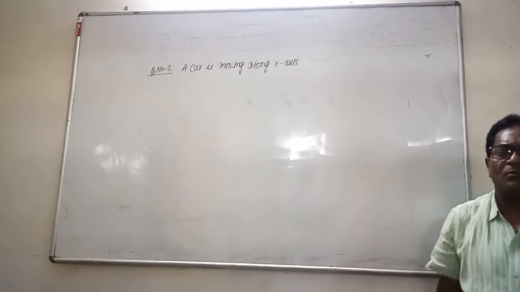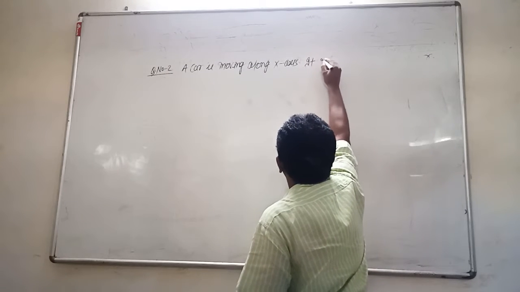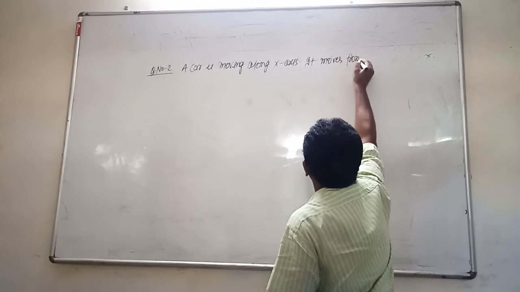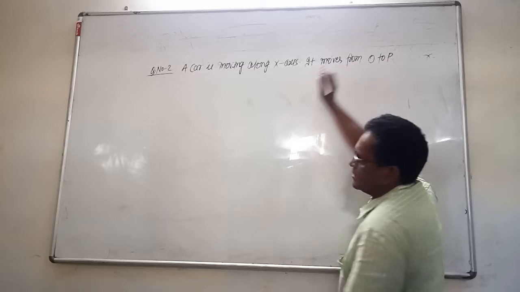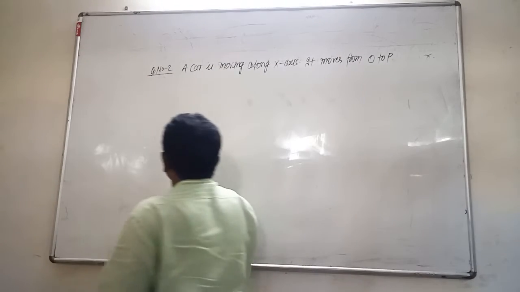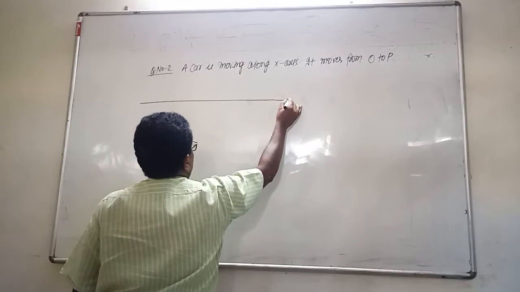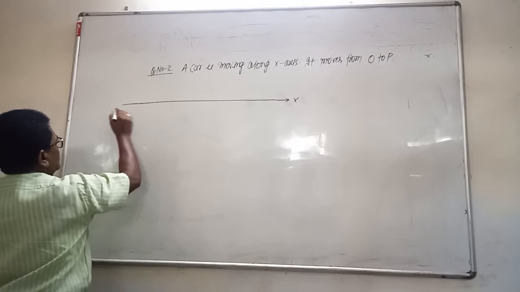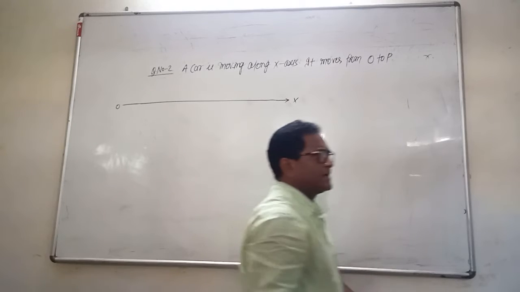It moves from O to P. The question is like this: this is x-axis, this is initial position O, and the car moves along x-axis.